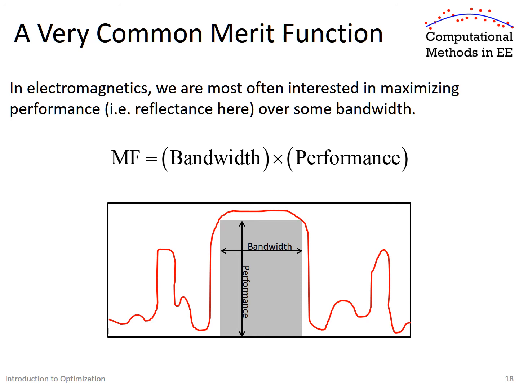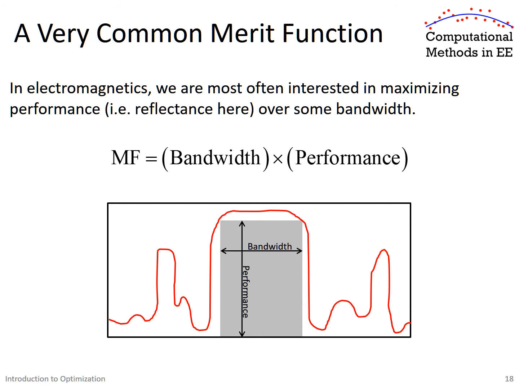Performance in this case is the height of that red curve. It's the amount of reflection. We want the reflection to be very high and over a wide bandwidth. So the merit function here would be the bandwidth times this performance metric, which would be reflection in this case. So our merit function is the area of that rectangle.